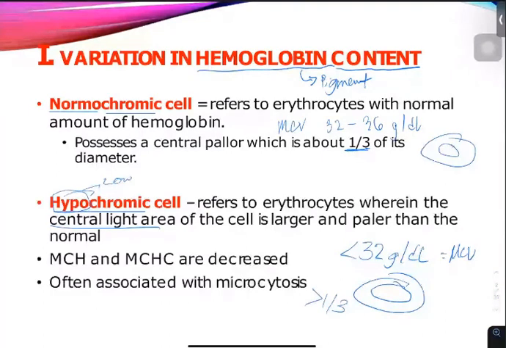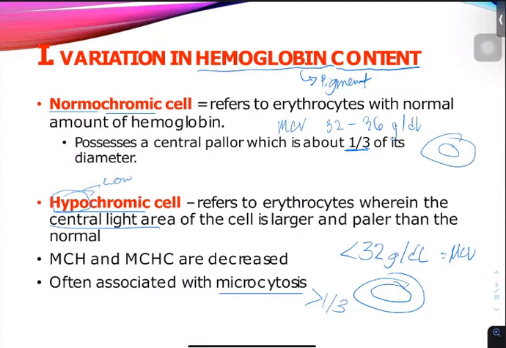This is usually associated with microcytosis, the shrinkage of your RBCs.